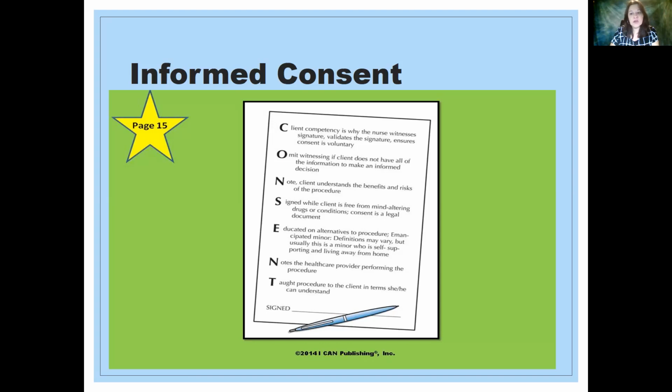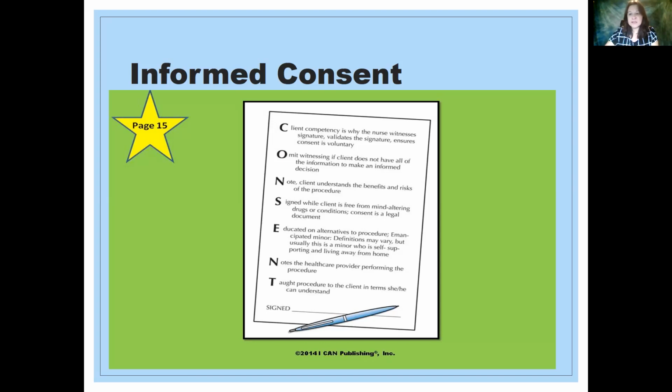When the nurse is documenting, they should always make sure that the patient understands what they've signed, and have the patient describe in their own words what they understand. If the client refuses to sign a consent, that should be documented, along with the fact that the client was informed of any consequences of the refusal.